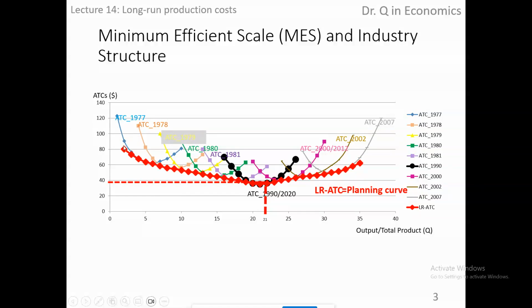This short-run average total cost curve represents a relatively small firm size, while this one represents a relatively large firm size.